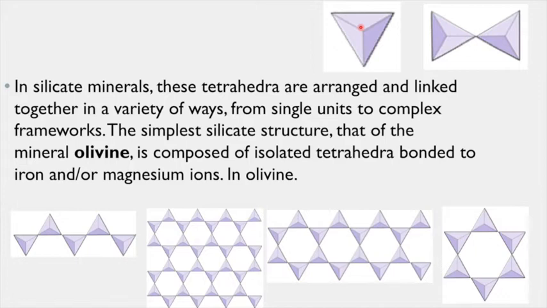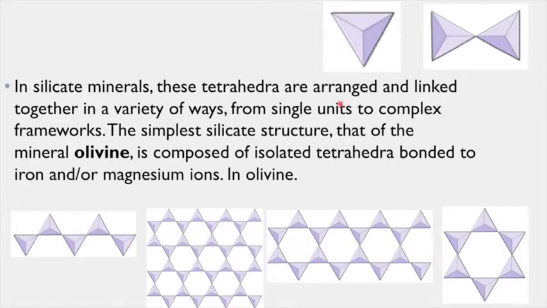Now this tetrahedron shares its oxygen in a variety of ways, as I told earlier. Here there is one oxygen sharing, we call it sorosilicates. Now here you can see 2 oxygen atom sharing. Similarly, they can share more than 2 or 3 oxygen atoms, and in the case of tectosilicates, all oxygen atoms are shared.